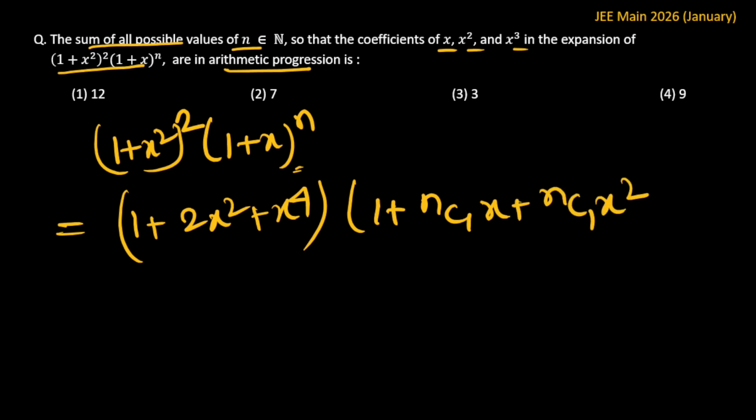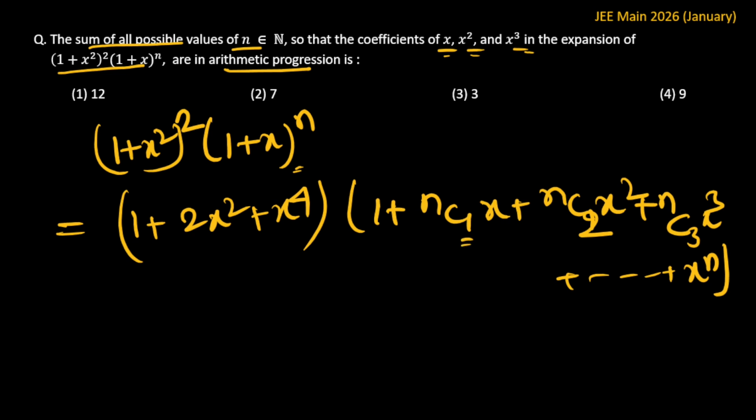We need the coefficients of x, x² and x³, so we expand up to x³, that is nC2 x², nC3 x³, and the last term x^n. When we find the coefficient of x, we need only the nC1 x term, and there is no x term in the first factor, so the only x coefficient is nC1.